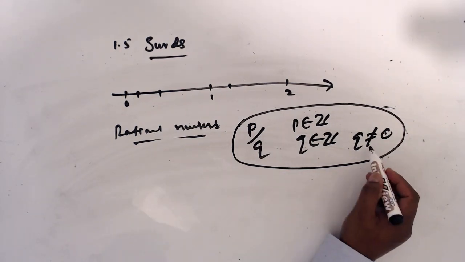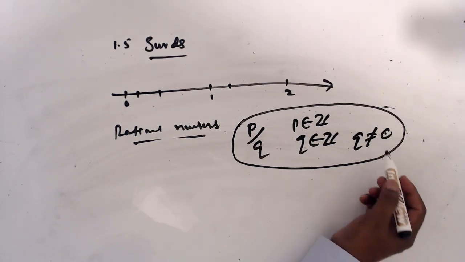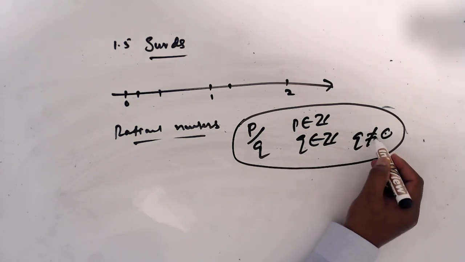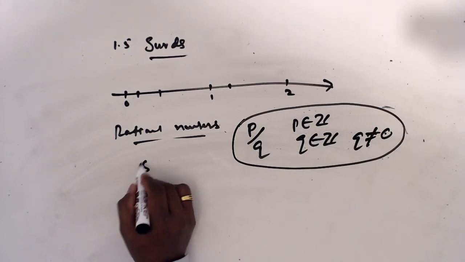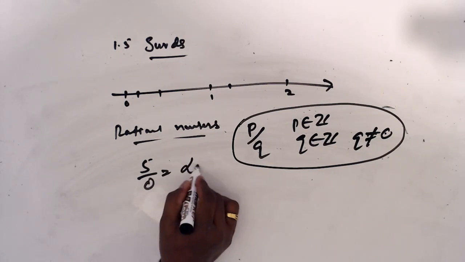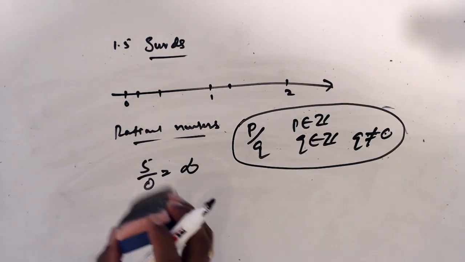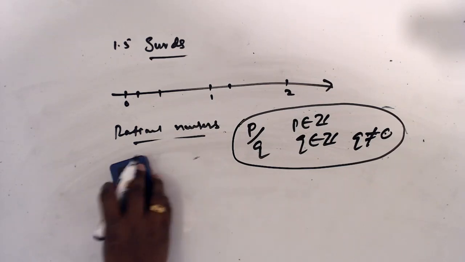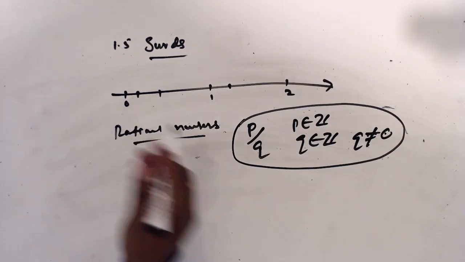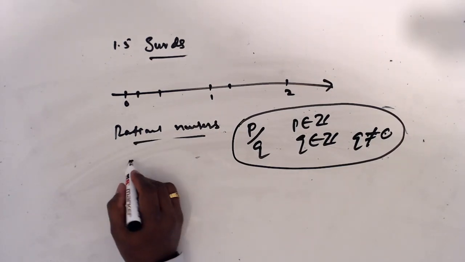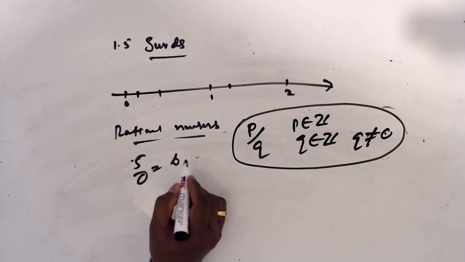Make sure that Q can't be 0, because we know that any number divided by 0 makes infinity. So 5 over 0 is infinity.